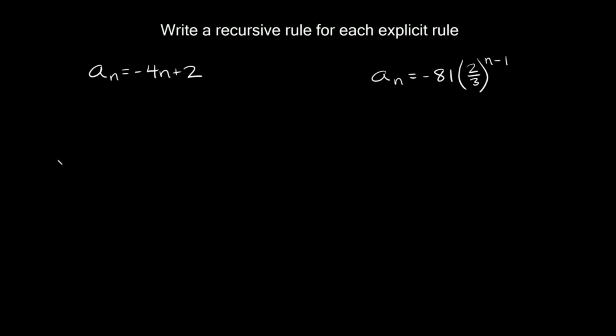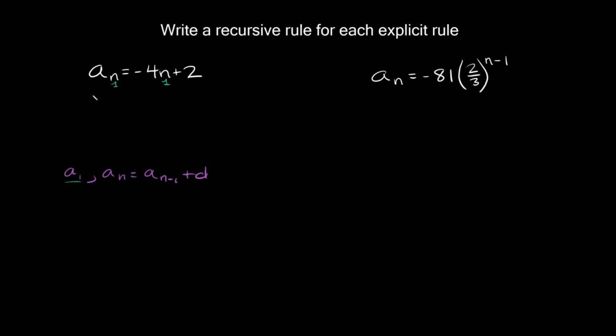So that's a sub 1, comma, and then a sub n is equal to a sub n minus 1 plus d. Now, as you can tell, this explicit rule doesn't give us the very first term, so we actually have to find that first. To do that, all you have to do is plug in a 1 for the n's right here.